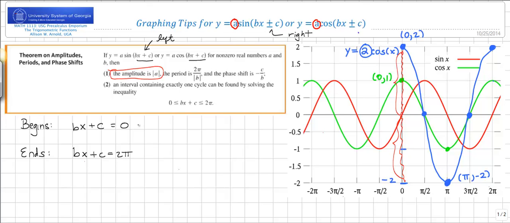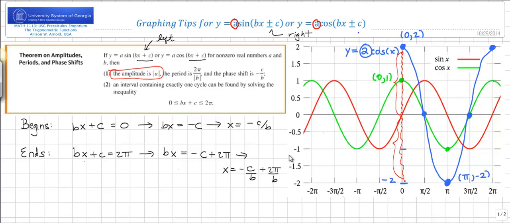Okay, so if I solve these out with algebra for x, then I know where I start and I end my new cycle. So basically, what this tells me is how to calculate the period.